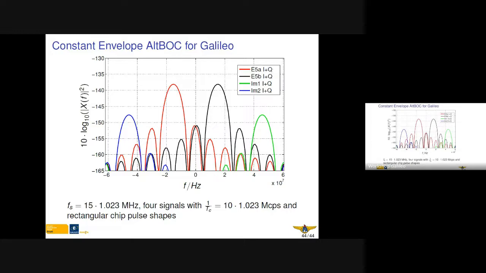The same thing we can also do for the E5b if we want this. We can tune our carrier frequency in the receiver to the E5b subcarrier and only receive the two signals of them. There are also ideas about using other combinations of these two signals.